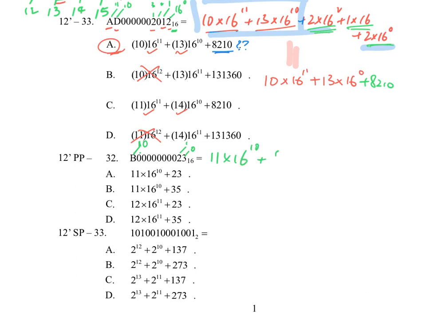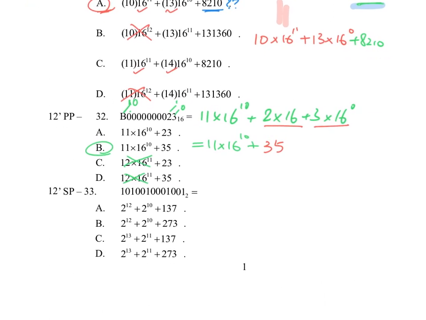Next you have 2 of 16 and also 3 of 16 to the power 0. As a result, you cross out answer C and answer D. Then you use the calculator to add up these two numbers. You've got 35. So the result is 11 times 16 to the power 10, add 35. So you've got answer B.